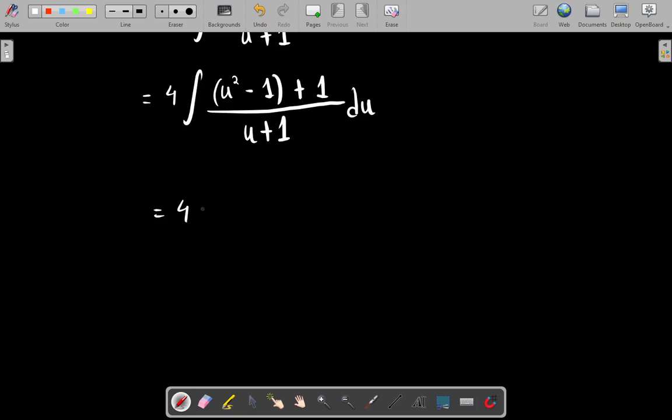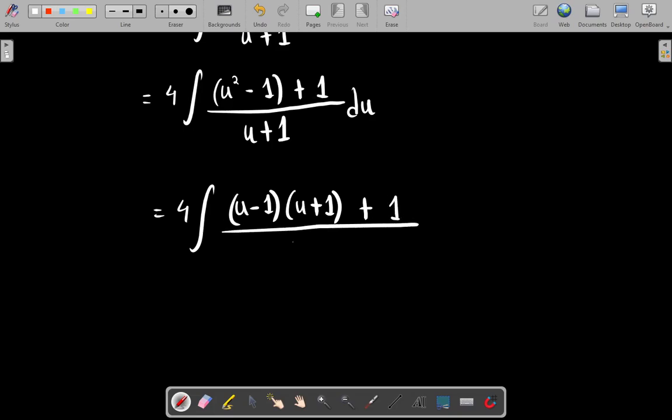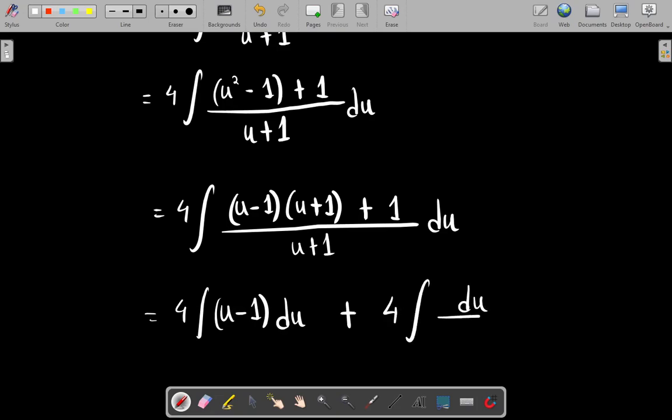In the next step, if we factorize u square minus 1 as a square minus b square, we have (u minus 1)(u plus 1) plus the 1 that is left out here, whole thing divided by (u plus 1). If we split these two integrals now, the u plus 1 terms cancel each other in the numerator and denominator. So in the first integral, we have just u minus 1 du, and for the second integral, this is just 1 upon (u plus 1) du.